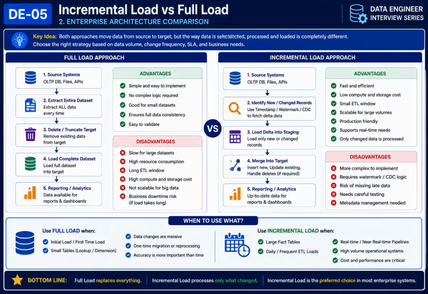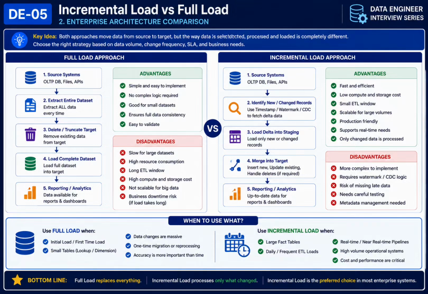Okay, let's start with full load. In full load, every time the ETL job runs, it extracts the entire dataset from the source. In many cases, the target table is truncated or deleted, and then all records are loaded again. This approach is very simple because there is no need to identify which records changed, right?